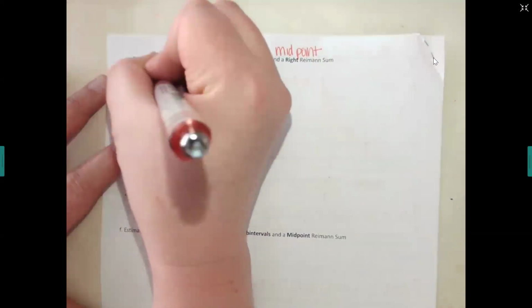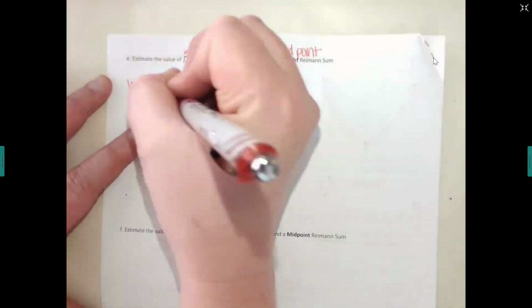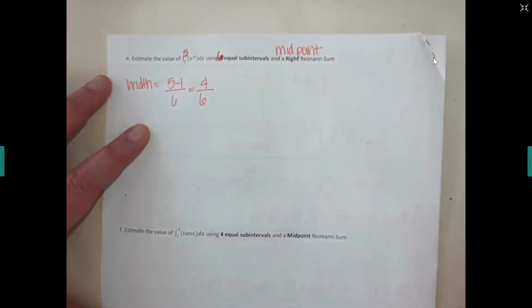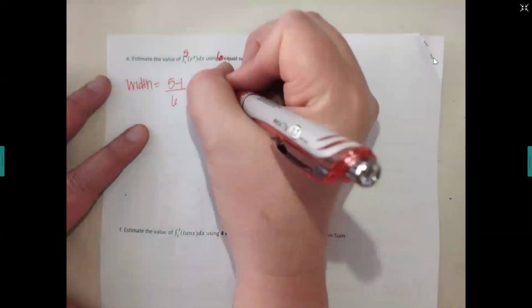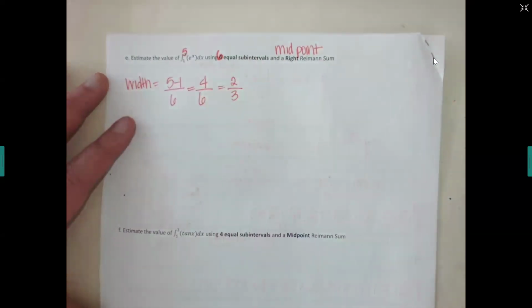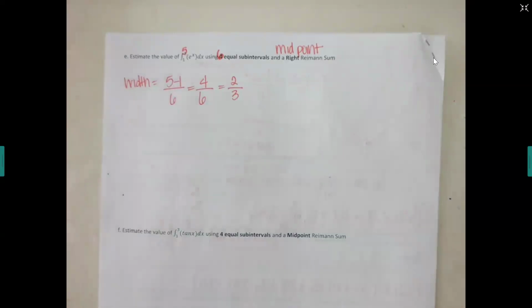Okay. So first question, how do I find my width? So I'm going to do 5 minus 1 over 6. That's 4 divided by 6. 2/3. And then this isn't going to come out as nice as I want, but it's fine. Okay, so then 2/3 is going to be my width.